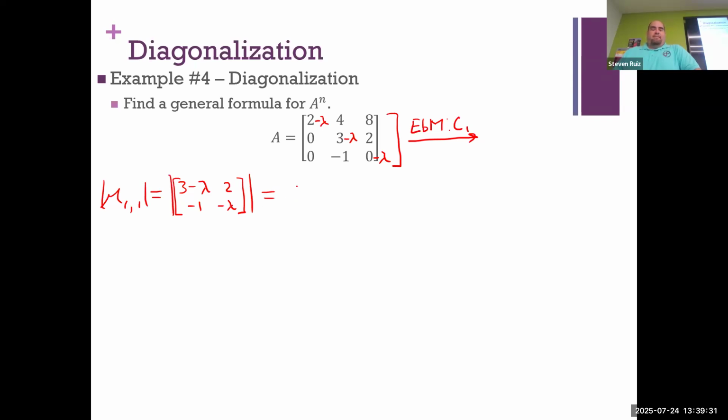What's that determinant? I'm not going to expand that yet. All right, from there, what do we have to do? Multiply by the cofactor, which will be 2 minus lambda. And that's it, right? Okay.